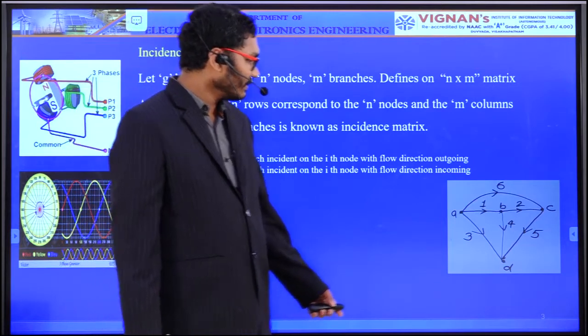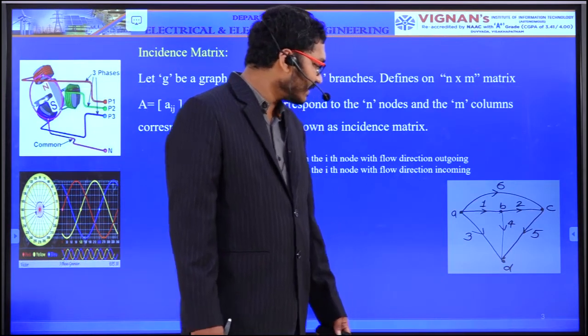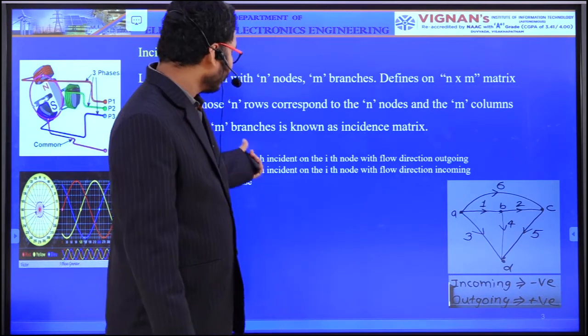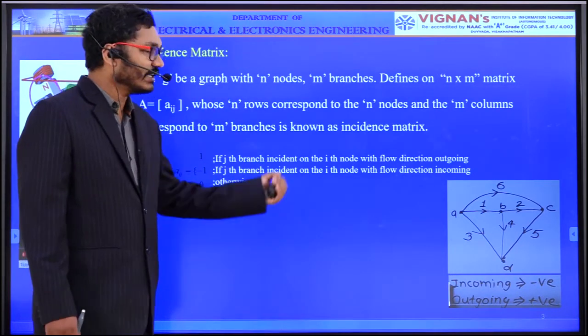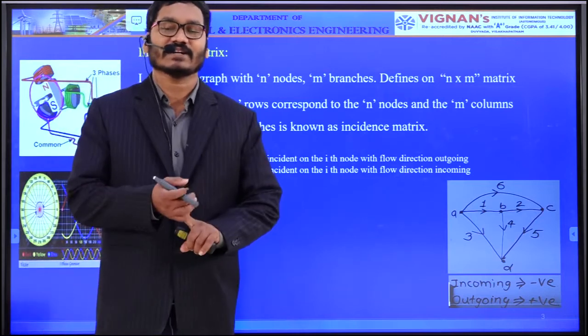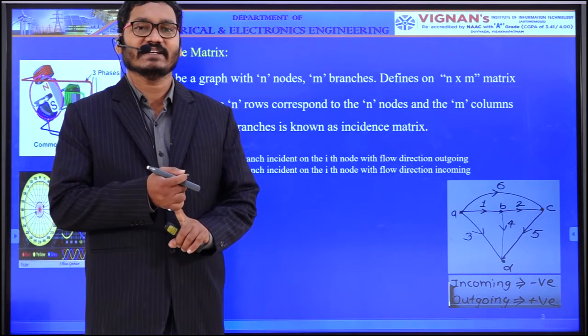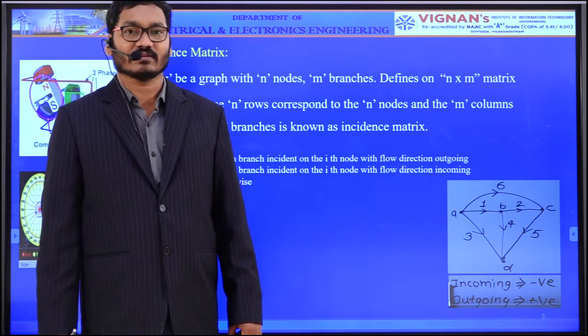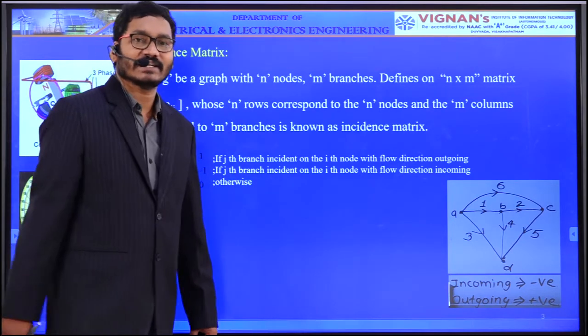Here I am finding the incident matrix. Not incident means it is 0, incoming to that node means minus 1, and leaving means plus 1.